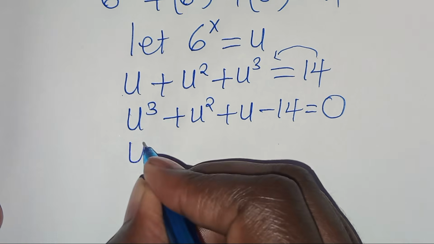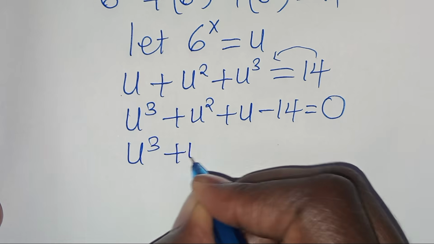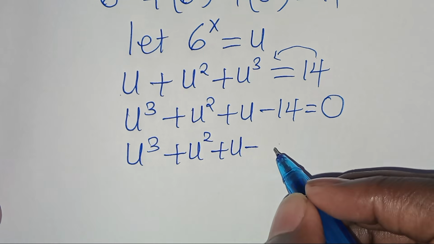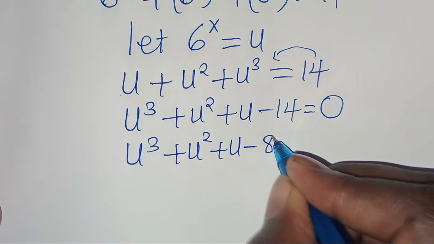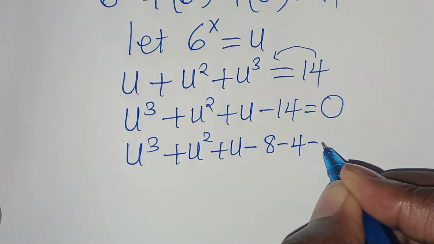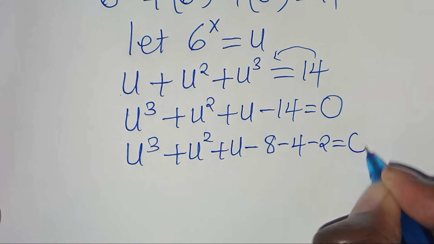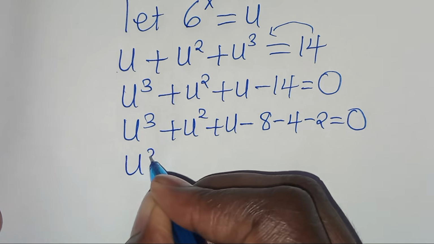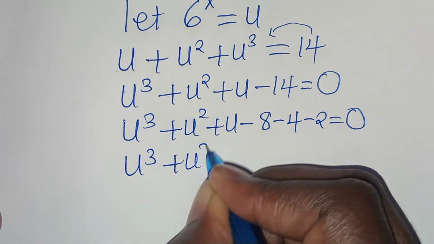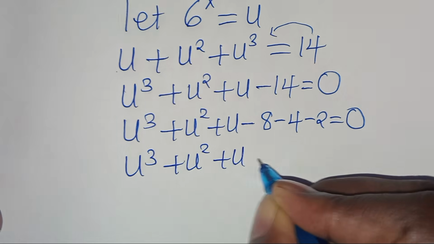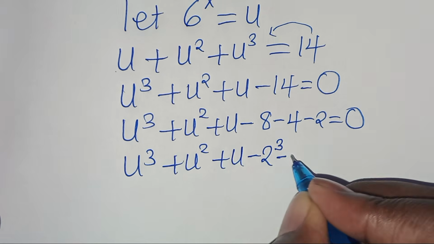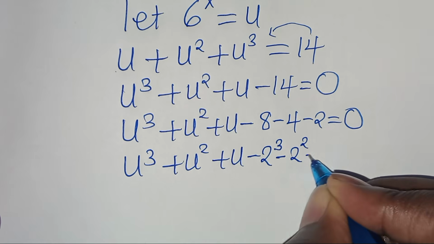So we have u to the power of 3 plus u to the power of 2 plus u minus 14. This is minus 8 minus 4 minus 2. This is equal to 0. So this is u to the power of 3 plus u to the power of 2 plus u minus 8, which is 2 to the power of 3, subtract 4, which is 2 to the power of 2, then subtract 2.